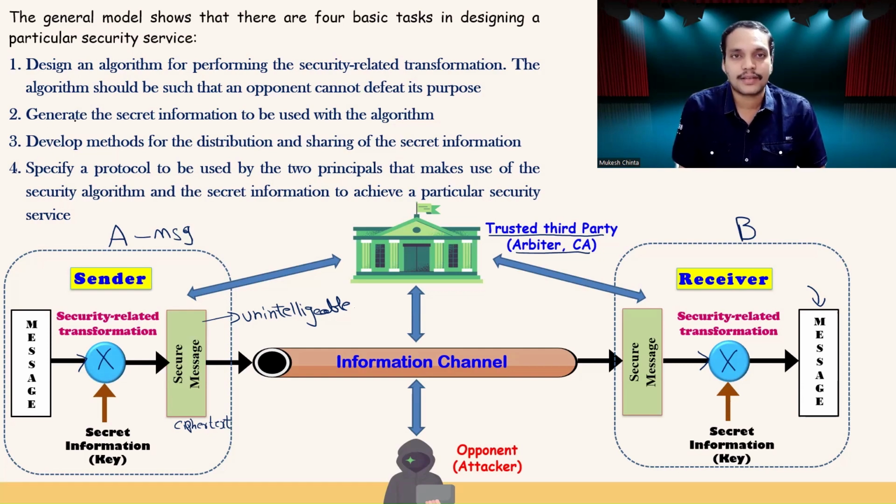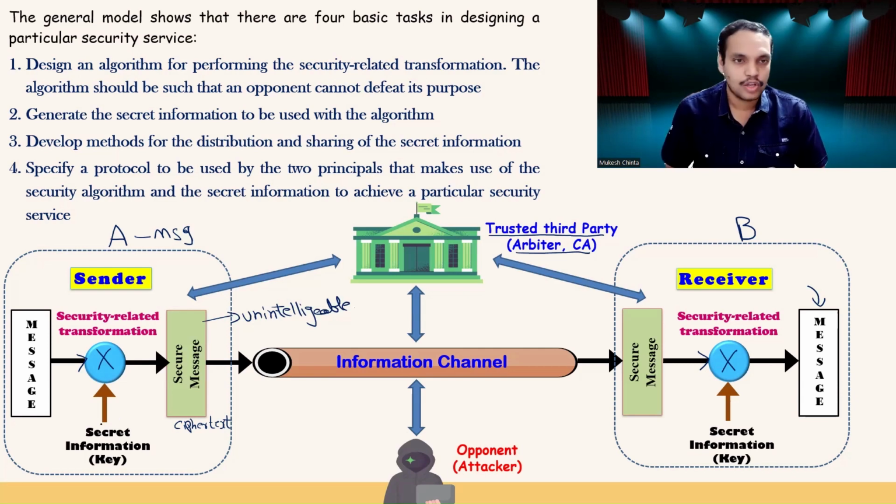Second most important task is to generate the secret information to be used along with the algorithm. As I told you, the algorithm not only accepts your message as an input, but also takes a secret key which is known only to the sender and the receiver, isn't it? So how do you generate the secret key information?